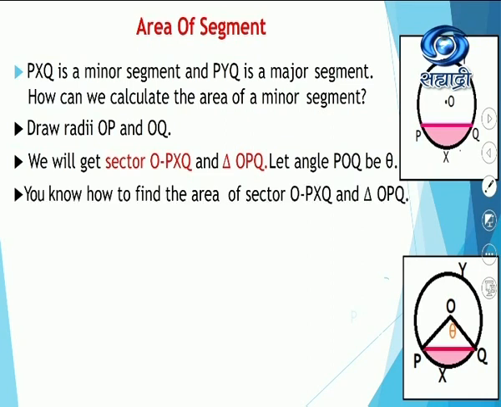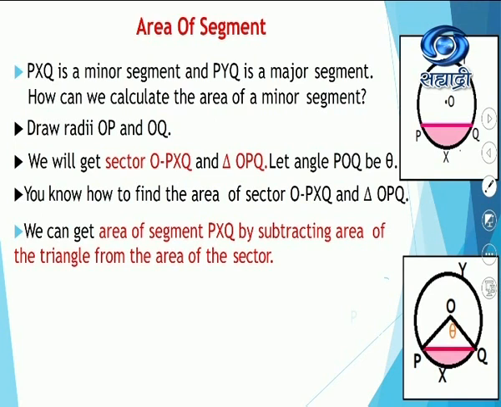Now you know how to find out the area of the sector and you know how to find out the area of a triangle. We can get the area of the segment PXQ by subtracting the area of the triangle from the area of the sector.